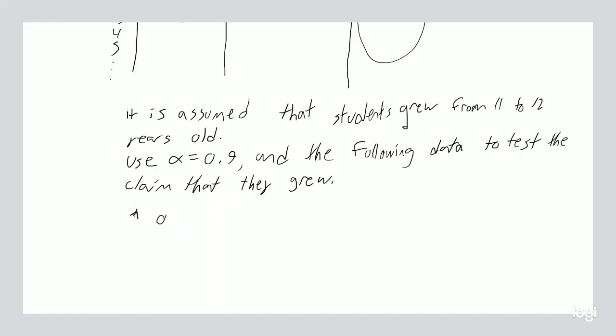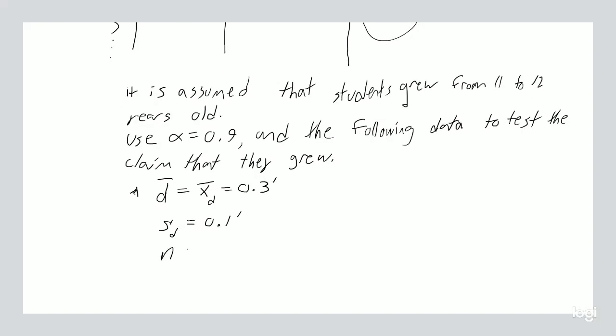Our sample difference, okay, sometimes you'll see it written like this, the sample mean of the difference is 0.3 feet, okay? The standard deviation of our differences was 0.1 feet.